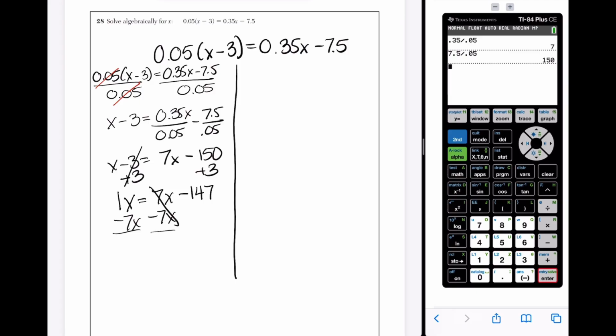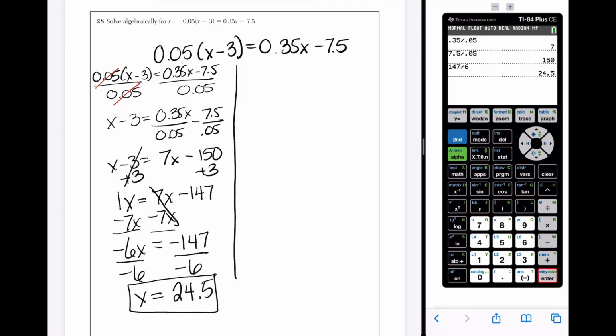So if I had $1 and I owed $7, I can pay $1, but I still owe $6. And divide by negative 6. 147 divided by 6, and I get 24 5/10. That's method 1. That works very, very well.